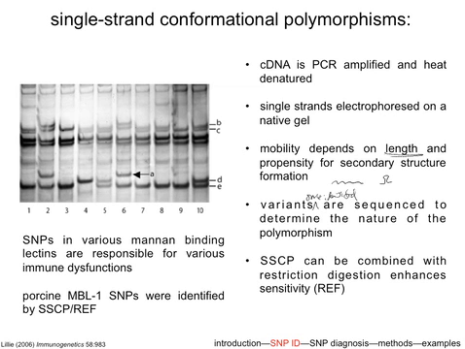Now, the data. So this is a paper from 2006, Immunogenetics, looking at porcine mannan-binding proteins. These are lectins, that is to say they're proteins that bind carbohydrates. Carbohydrate binding proteins. They mediate cell-cell interactions, but they're also responsible for some immune dysfunction.